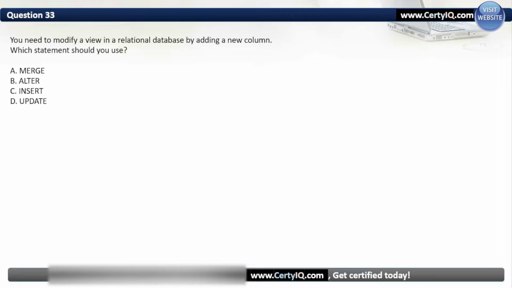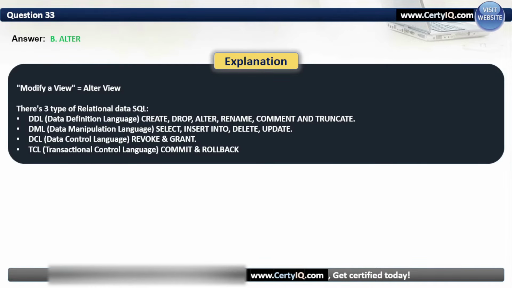Question 33. You need to modify a view in a relational database by adding a new column. Which statement should you use? The correct option is B. Alter. To modify a view means to alter a view.